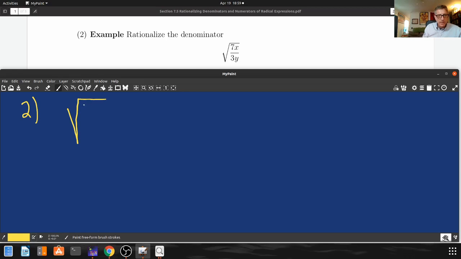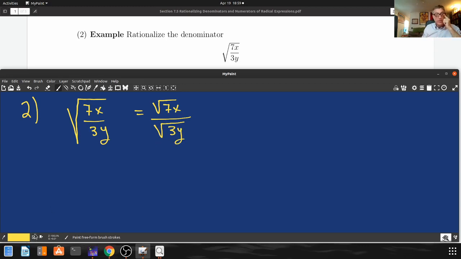This is going to be an invitation to use the quotient rule for radicals. So this is the square root of 7 times x over the square root of 3y.